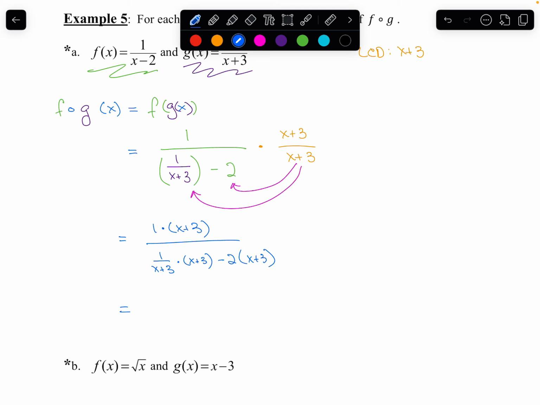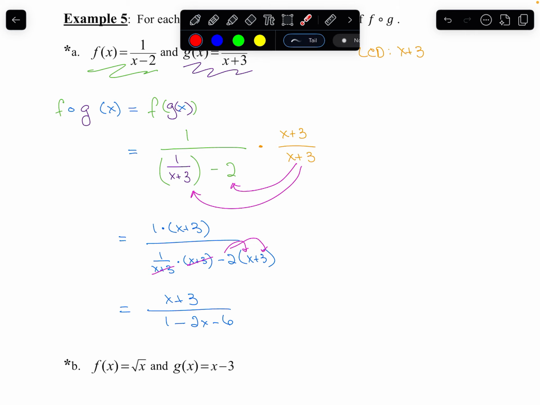And so we get x plus 3 over, and the whole goal was to get rid of that complex expression, and we do. So this becomes, sorry, the 1. There we go, 1 minus, and now distribute the negative 2 through. That becomes minus 2x minus 6.